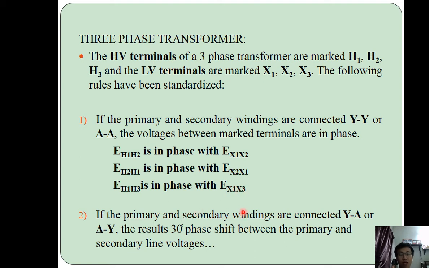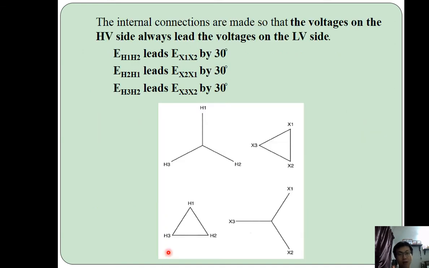If the primary and secondary windings are connected Y-delta or delta-Y, there is a 30-degree phase shift between the primary and secondary line voltage. So the internal connections are made so that the voltage on the high voltage side always leads the voltage on the low voltage side.